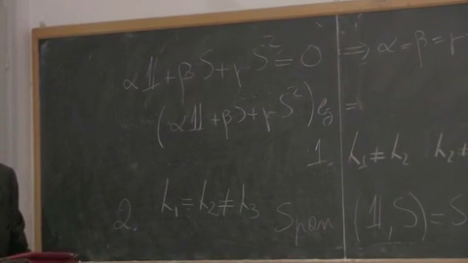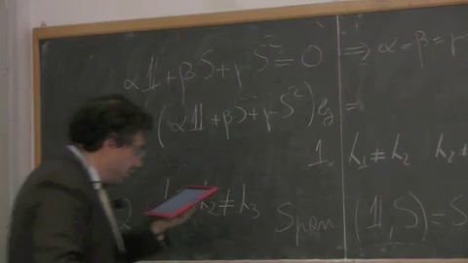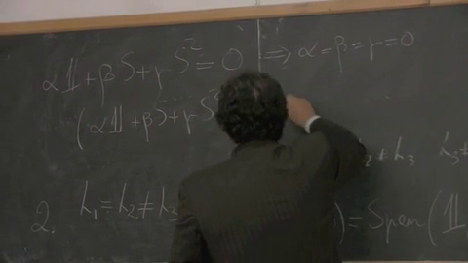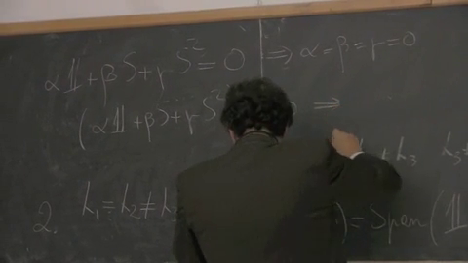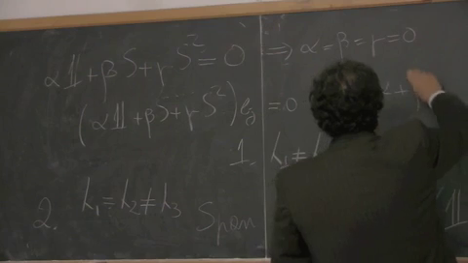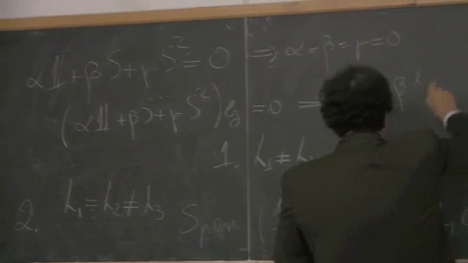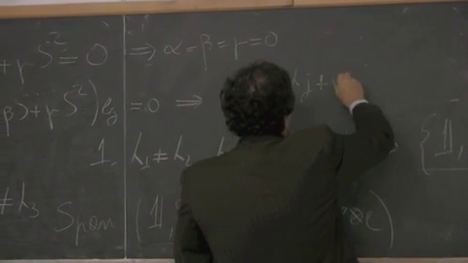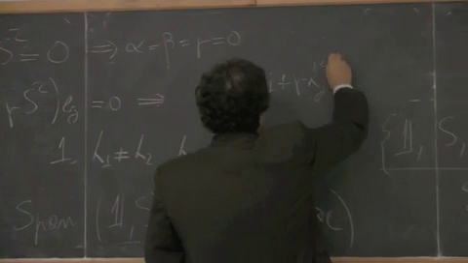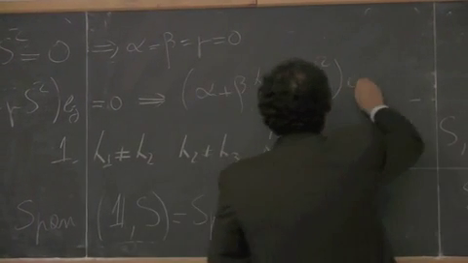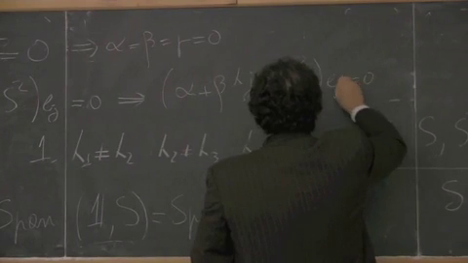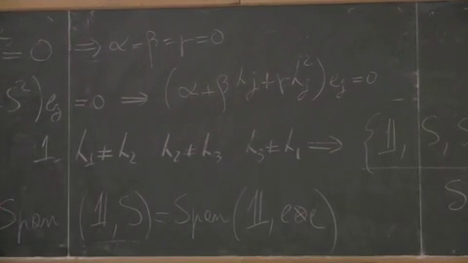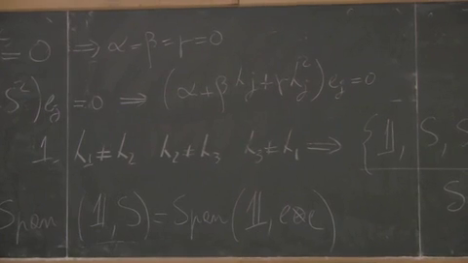So this is trivial. So this implies this is equal to 0. So this implies that alpha plus beta lambda J plus gamma lambda J squared, times EJ, equal 0. I'm simply calculating these three linear maps on the eigenvector.